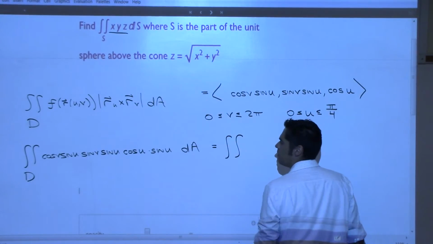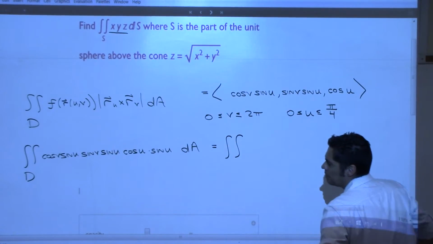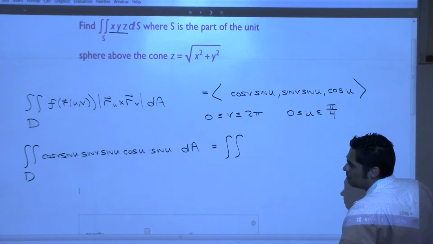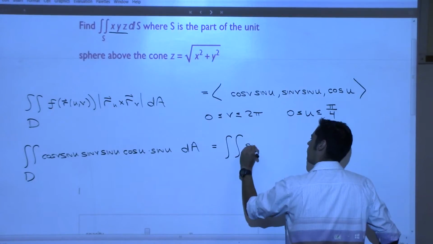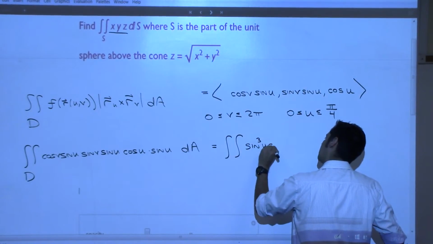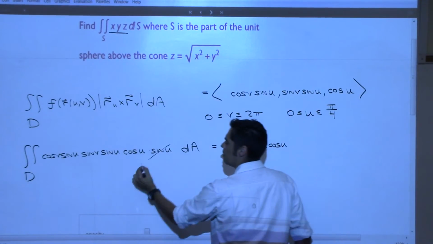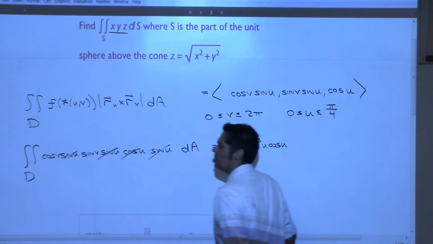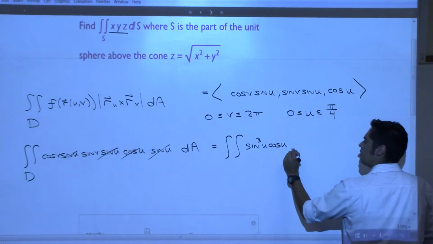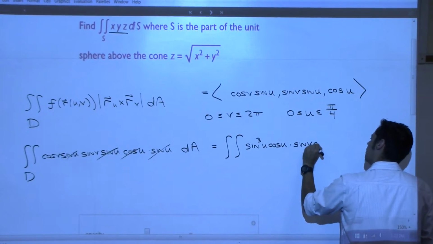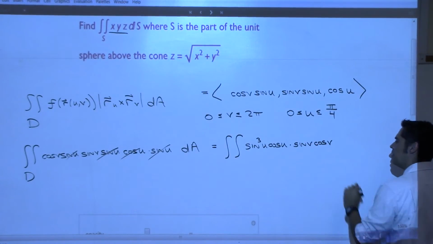Double integral. Let's get all our u stuff together. Looks like I've got a sine cubed u, right? And a cosine u. That takes care of this, this, this, and this. And then I have sine v cosine v or cosine v sine v. It doesn't matter how I do that, right? dA.